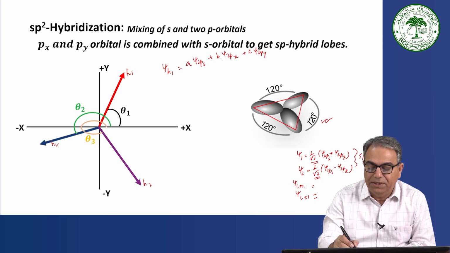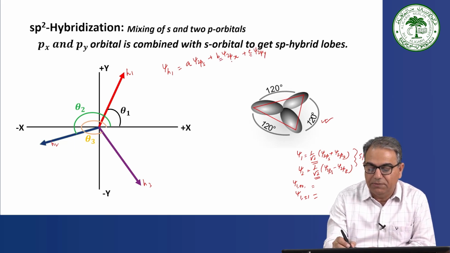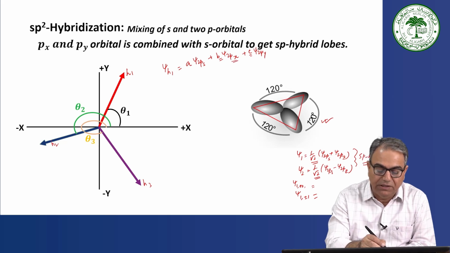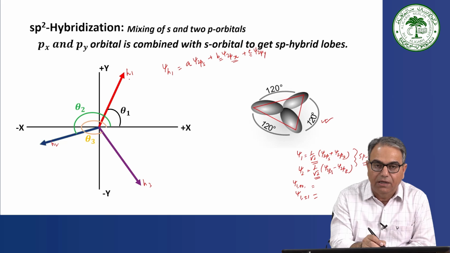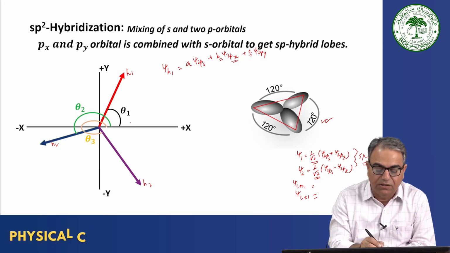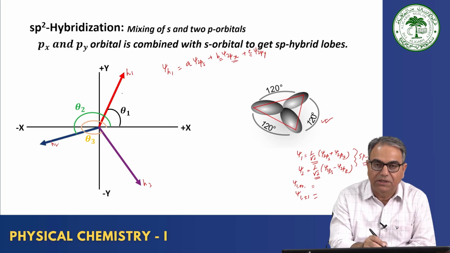Now we can replace B and C. Since we are talking about 2px and H1 is along this red line, the component of x along H1 you can write from the vector equations, which is cos theta 1 times psi 2px.